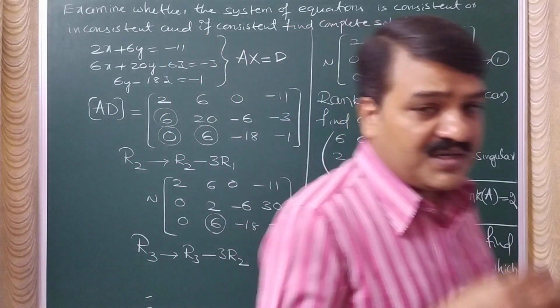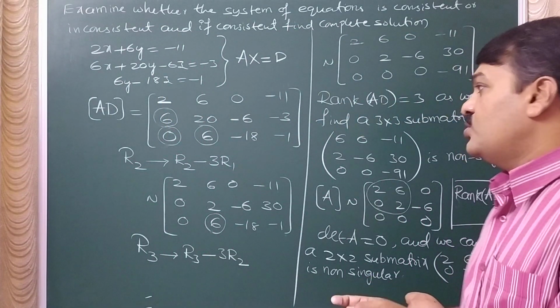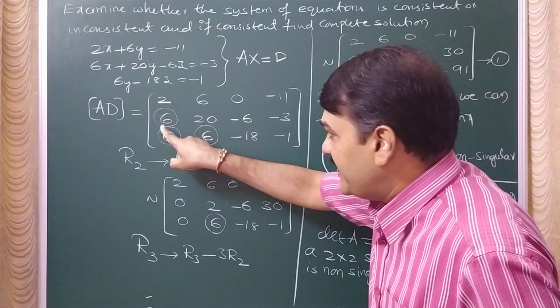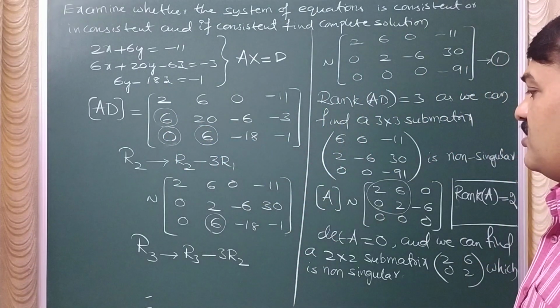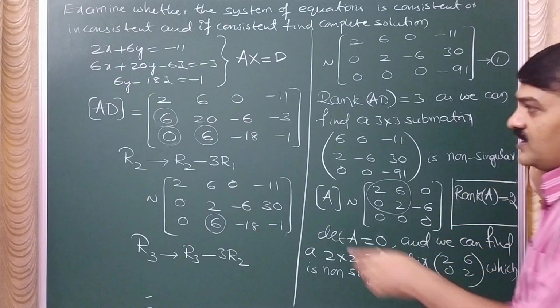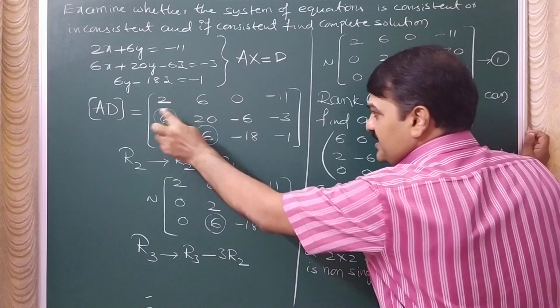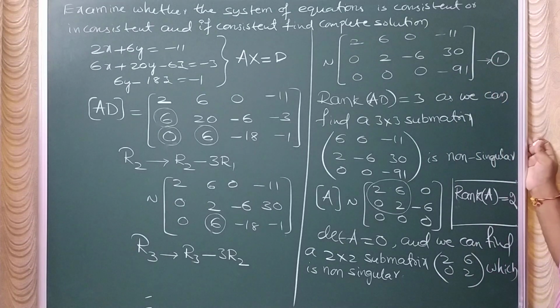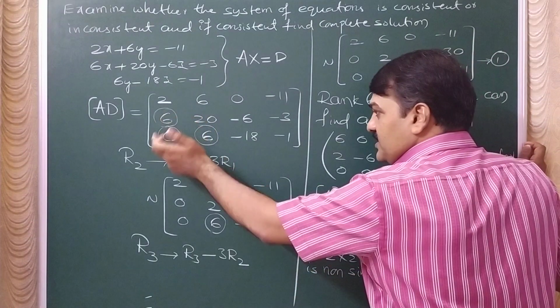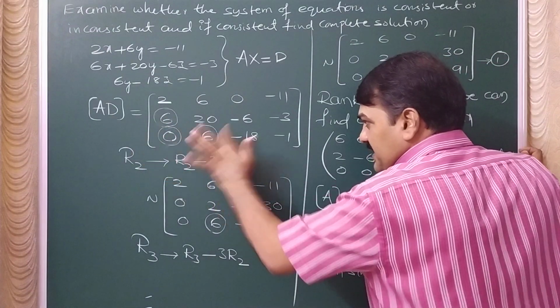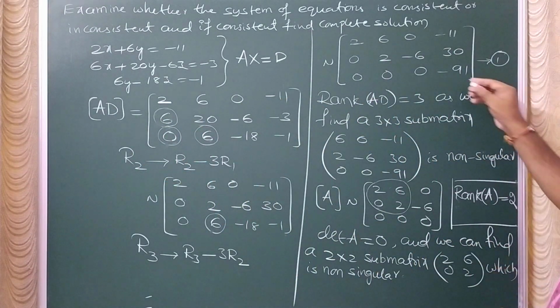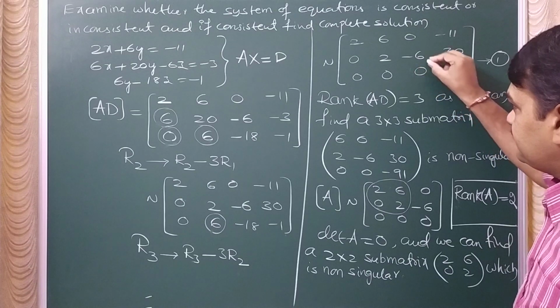I will discuss a simple shortcut with you. Once we try to get zeros in these 3 places, that is the main purpose, you check this element.